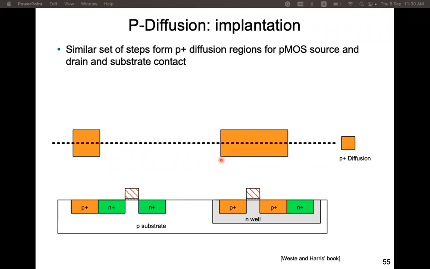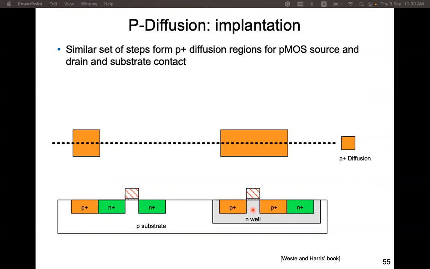Again, a single rectangle rather than two separate ones is used because this gate can serve as the blocking layer under the channel. So this channel region won't become P-plus. So this is the fourth step.